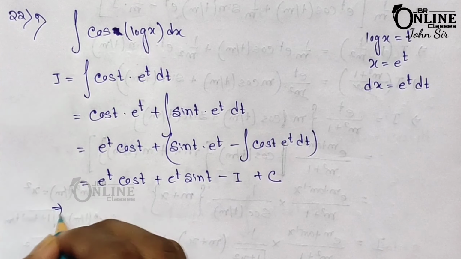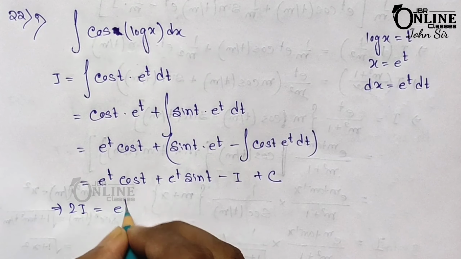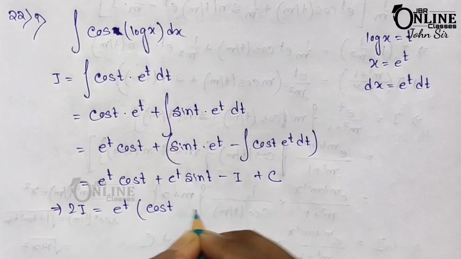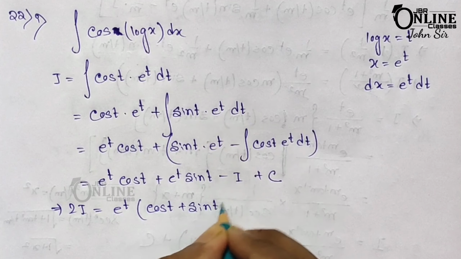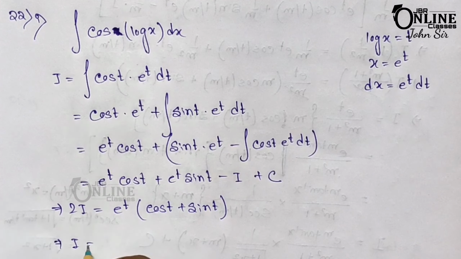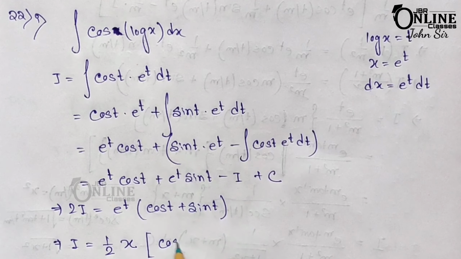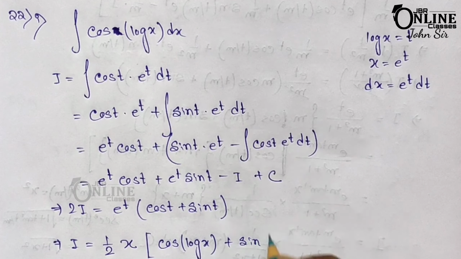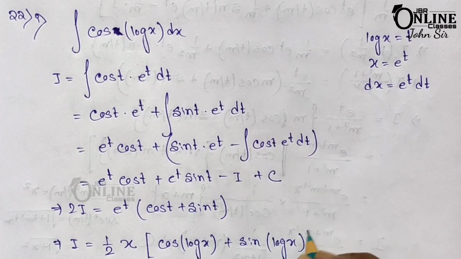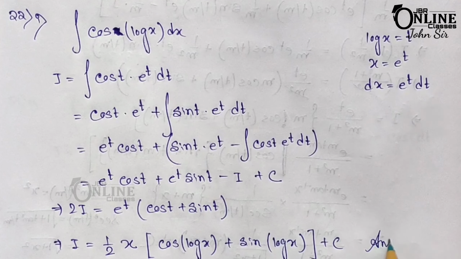So now on the left hand side 2I equals e to the power t common, cos t plus sin t. So now I equals half e to the power t, meaning x, cos log x plus sin log x plus c as your answer.